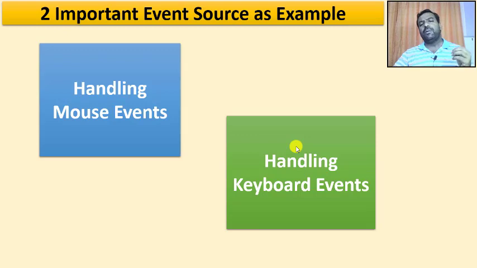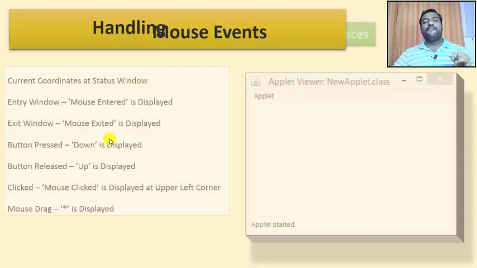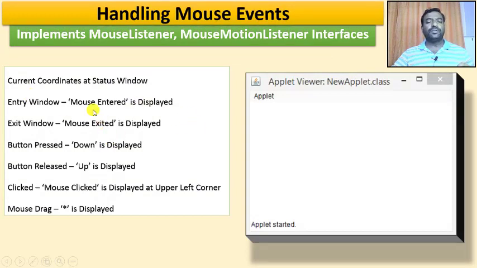Now, as an example, let us take the two important event sources, the mouse and the keyboard, and we will try to implement this and see how it works. When I talk about handling mouse events, these are a few things I need to look out for.